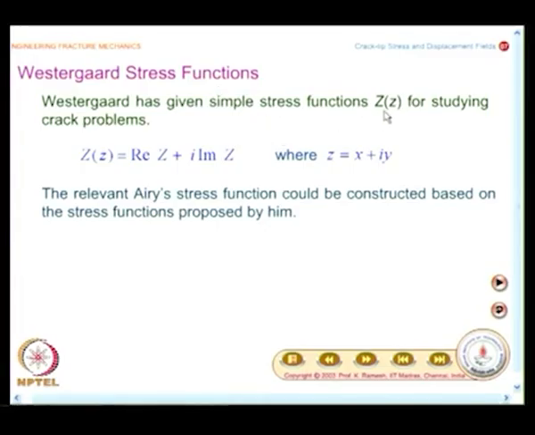function capital Z. And mind you, this symbolism is slightly confusing. Since these slides are prepared, I am able to show the stress function as capital Z. This is a function of small z, which is equal to x plus iy. So, when you write it using a software tool, you are able to show the capital Z and small z with sufficient difference.